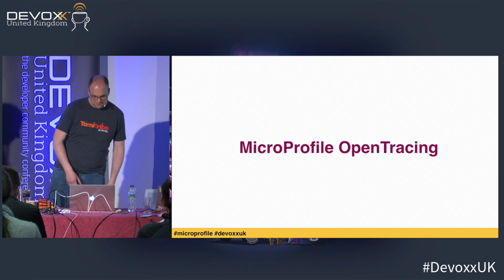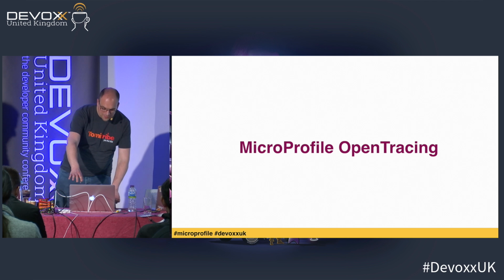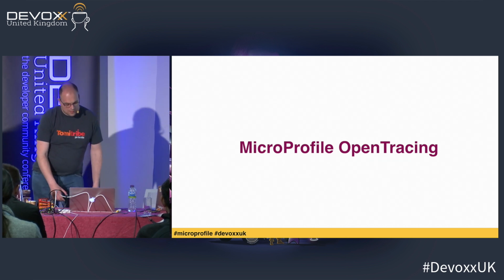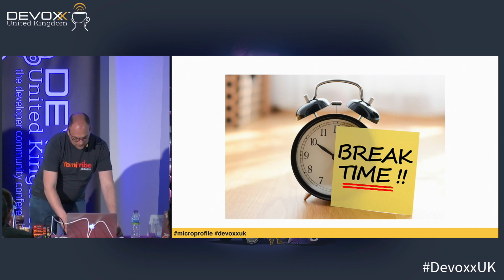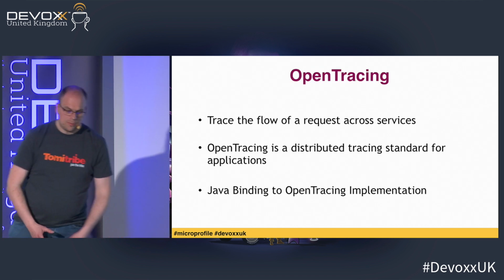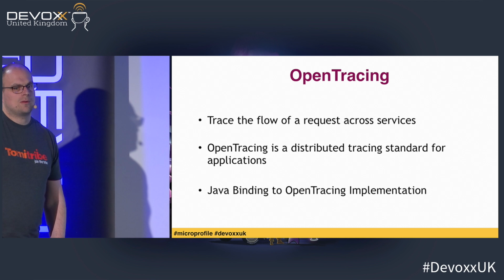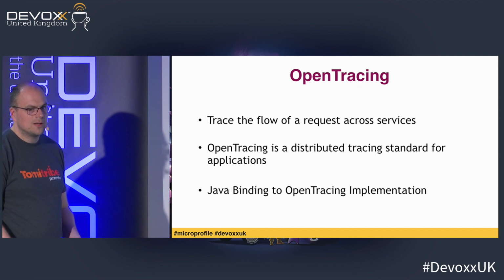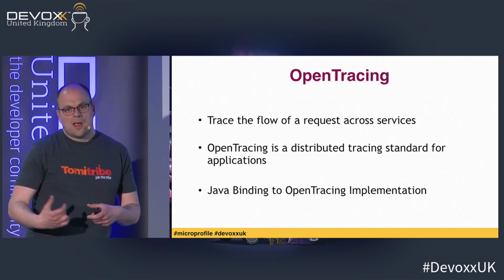Welcome back, everybody. So I'm going to just talk through the OpenTracing specification. Ignore the break time. OpenTracing allows us to basically trace requests as they come through our application, and it's distributed.